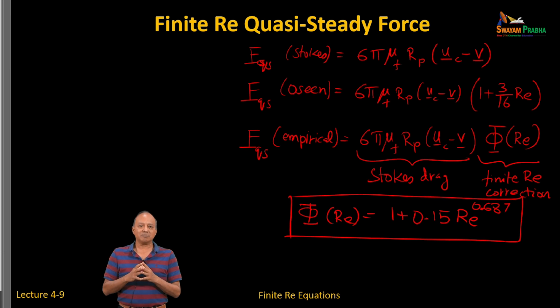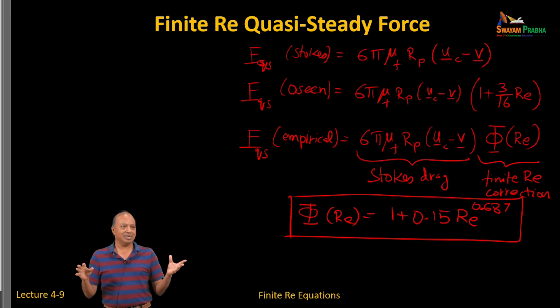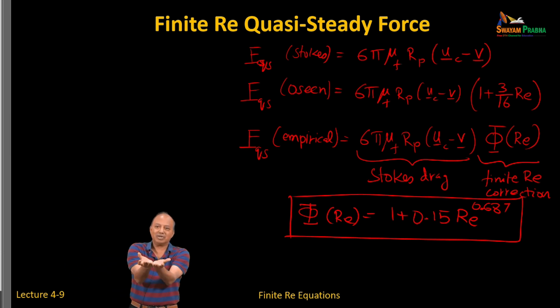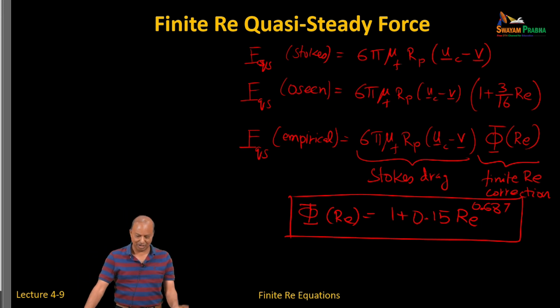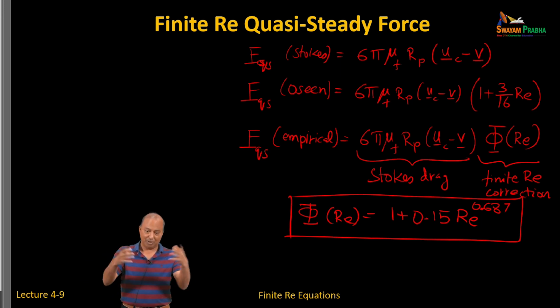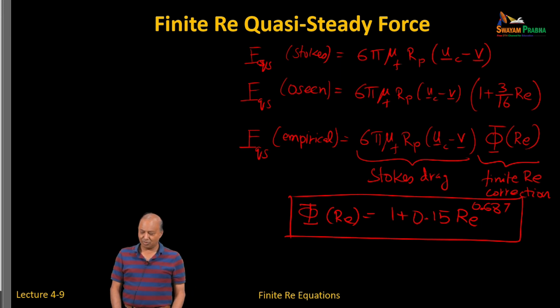The undisturbed flow force doesn't change at all, because by fundamental definition it is the undisturbed flow. You have a particle, you do a surface or volume average, and that's the force. So there is nothing to talk about. Now the quasi-steady force is the most important force for many of us, so let's talk about how it changes with Reynolds number.